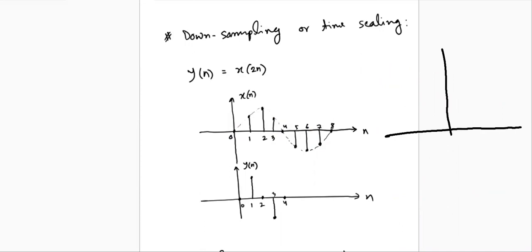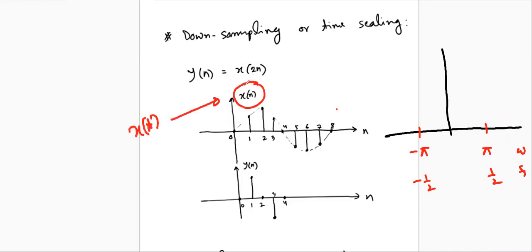This is very important. We know our signal should be in between -pi to +pi, or in the omega scale, or in the f scale, it should be -half to half. So whenever you have your xt and you sampled it and you have found xn, let's say the maximum frequency was like this, you are here.